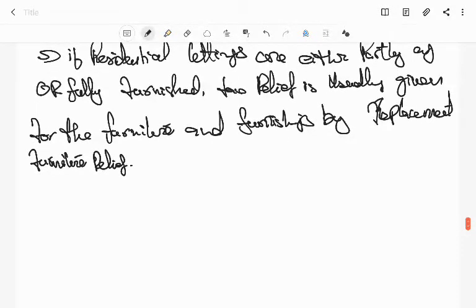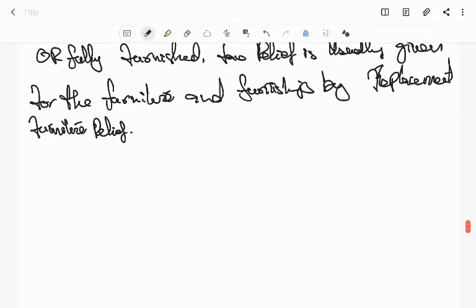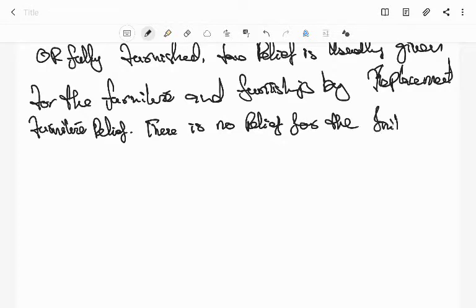There is no relief for the initial cost of furniture and furnishings.